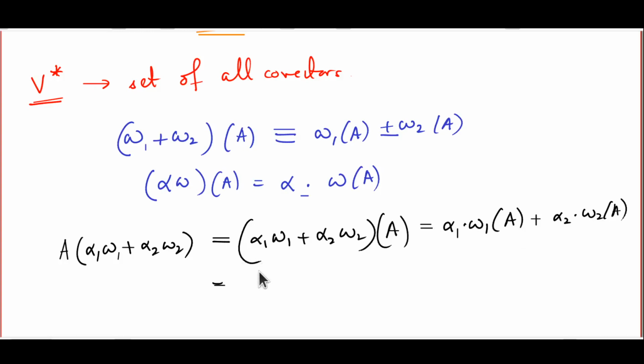Omega 1 acting on A is nothing but, by our new definition, A acting on omega 1. And similarly, omega 2 acting on A is nothing but A acting on omega 2.